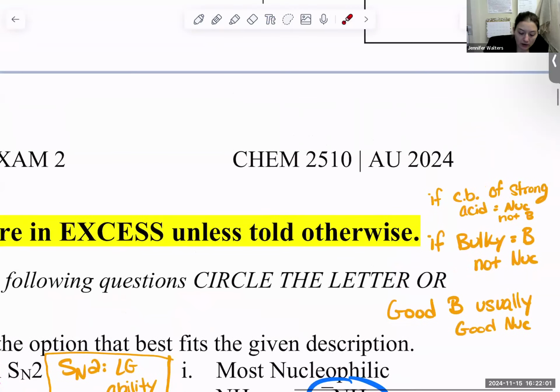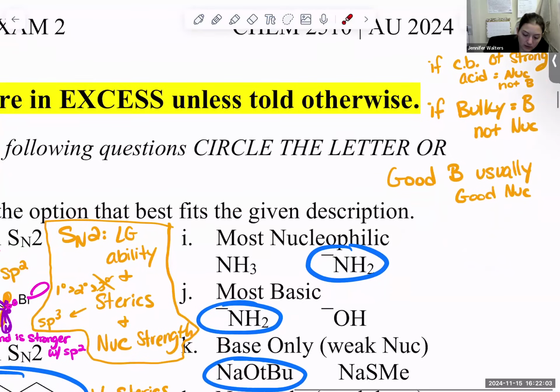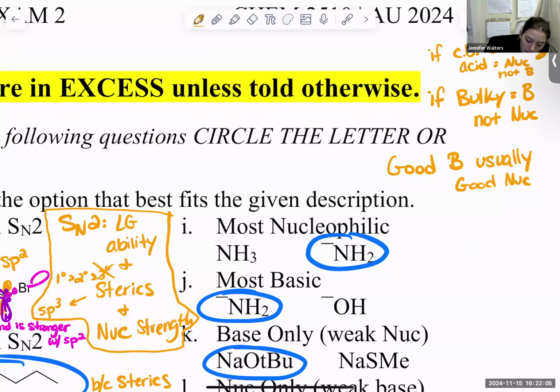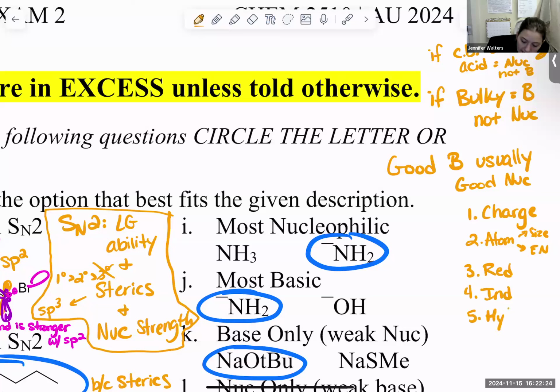So when we just think about our general base ranking trends, which I guess I'll put down here, we looked at charge first, then atom. Within atom, we said that there was size and electronegativity. Then we looked at resonance, induction, and hybridization, in that order.